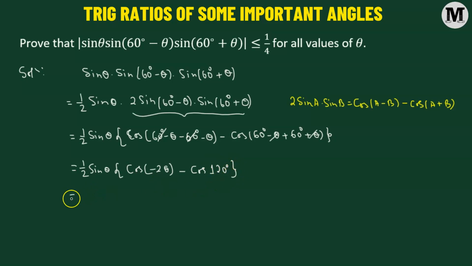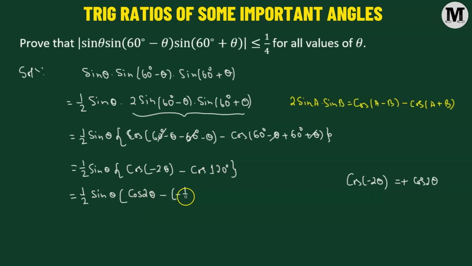Fine. Now we know that cosine is an even function. So cosine of negative 2 theta will become equal to positive cosine 2 theta. So here we have cosine of 2 theta and we need cosine of 120 degrees.